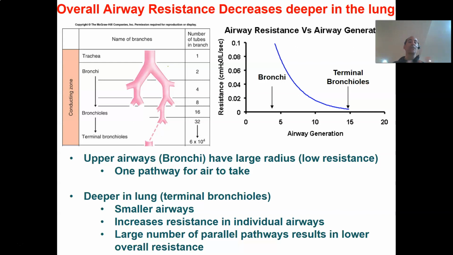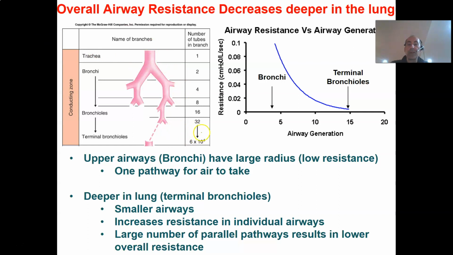If you take the surface area of the inside of all of the tubes in the deepest parts of the lung versus the surface area of all the tubes in the more proximal areas of the lung, you see that the surface areas are vastly different. As the surface area goes up, resistance goes down. As the surface area goes down or decreases, resistance to airflow goes up.